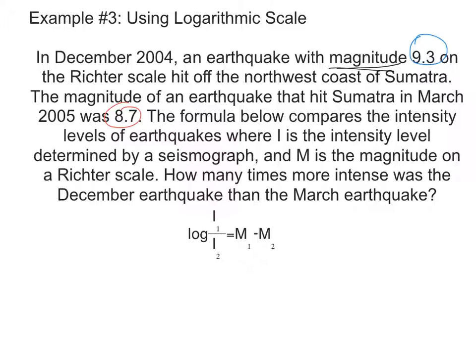So we're going to rewrite this as log of I1 over I2 equal to 9.3 minus 8.7. Now 9.3 minus 8.7 is going to equal 0.6.